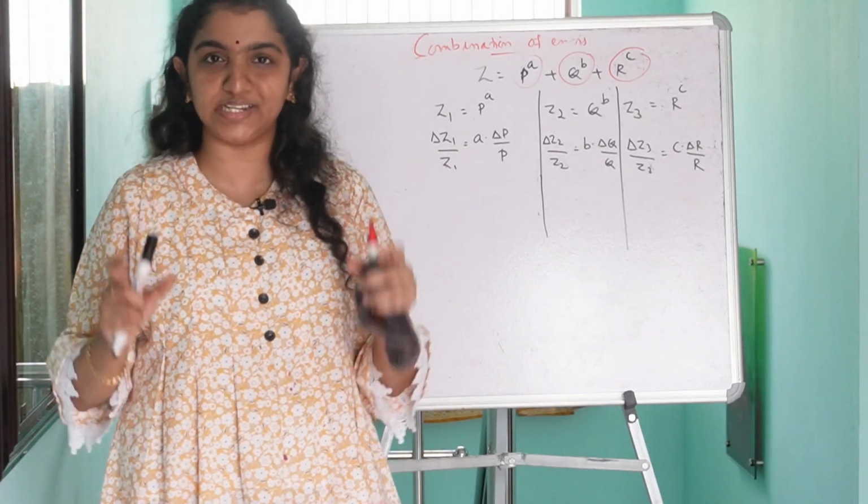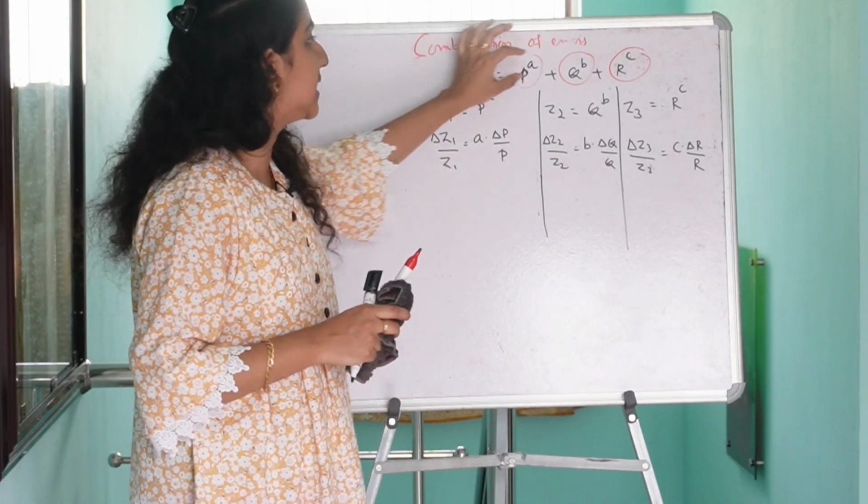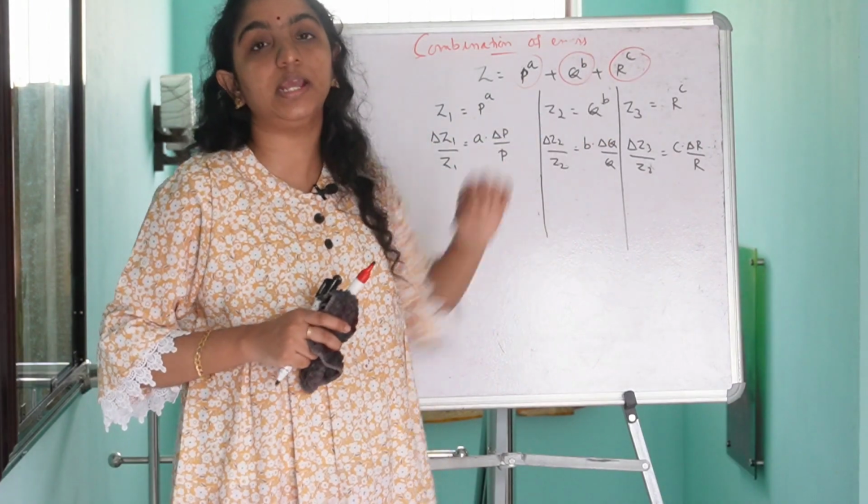As I told, in addition, the absolute error of Z is connected to the absolute errors in the individual measurements.